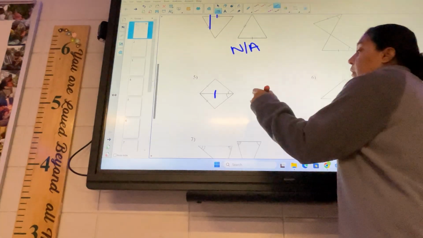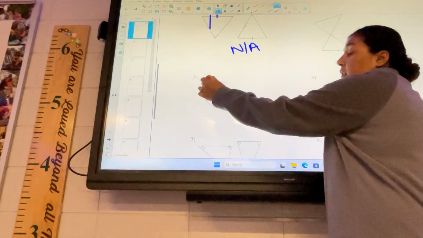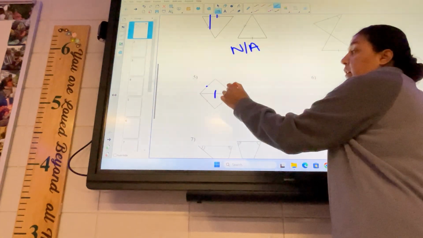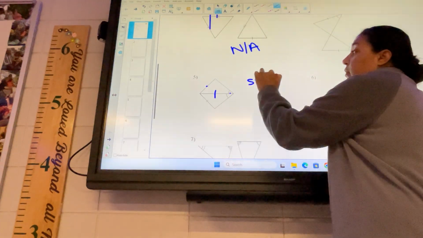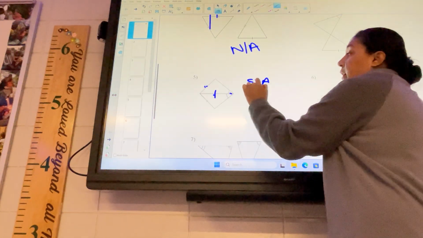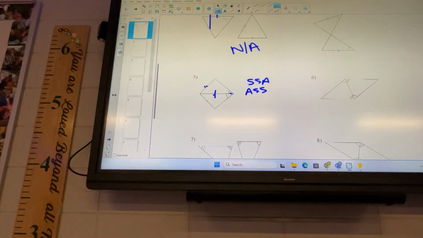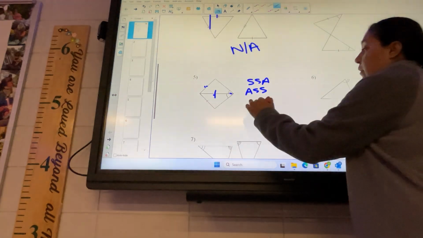Side, angle, side. Okay, side angle side could be an option. Okay, what is this? Side, side, angle. Okay, or we could go from this way. What is this one? Angle, angle, side, side. So is it either of those? Were those an option? No. No, so then what is this? NA. Okay.